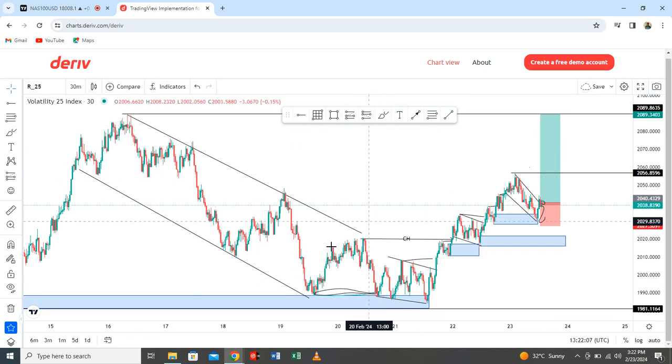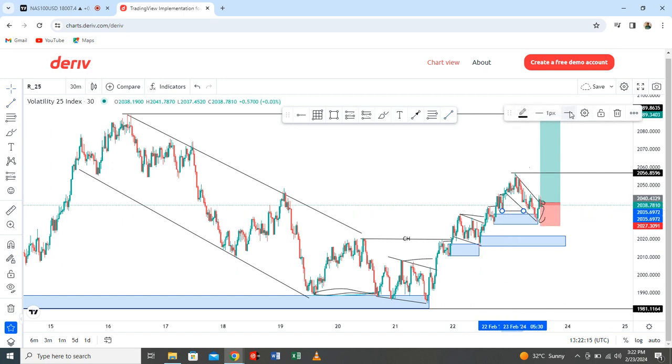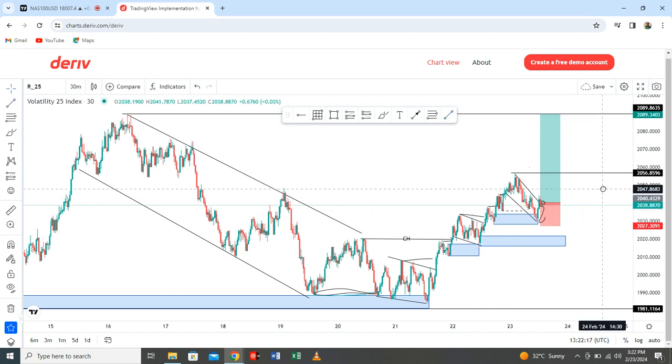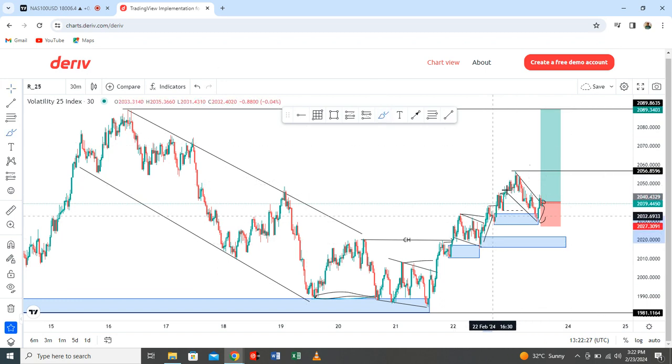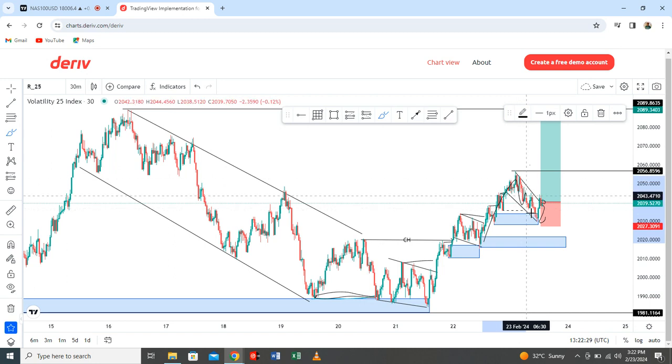There's also liquidity above this order block, giving us higher chances that the price will push to the upside. With this nice continuation pattern, meaning an impulse, approaching my order block and mitigating it, I believe that the price is going to push to the upside like this, guys.